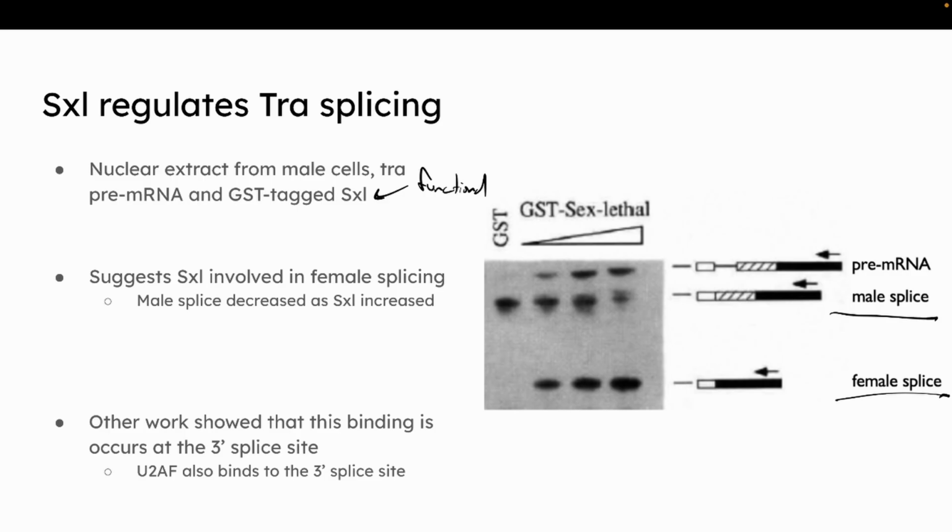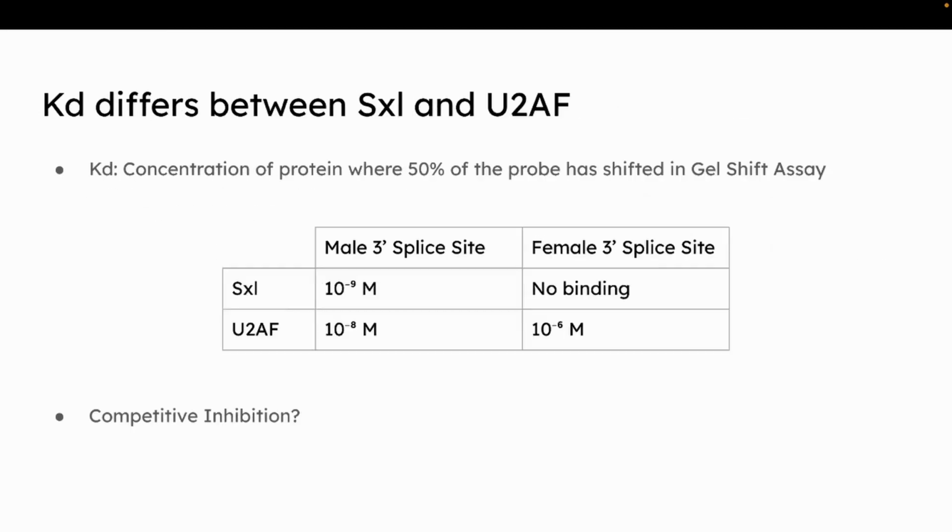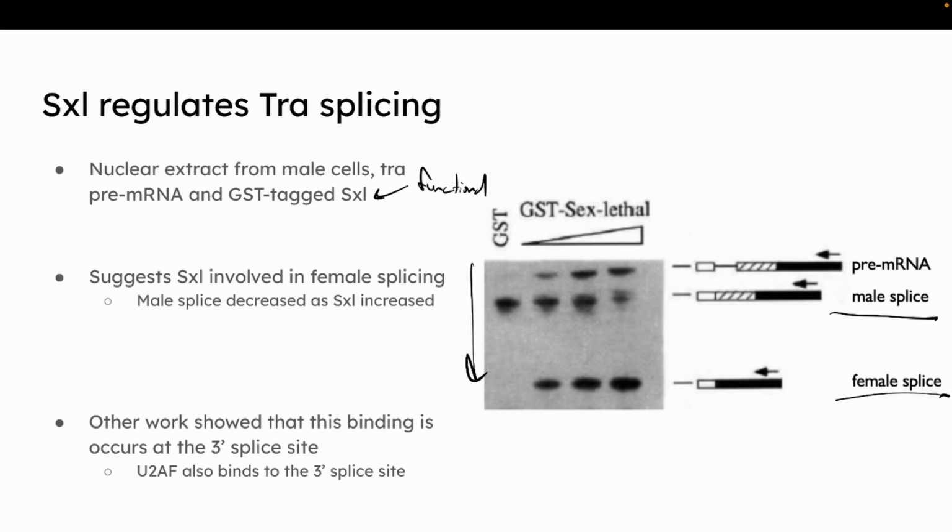Okay, and obviously the female splice is lower, or smaller, because, well, that kind of tracks, right? If we're splicing between 1 and 3 now, you're gonna lose this second exon, meaning your mRNA is gonna be smaller, right? And so this supports the model.